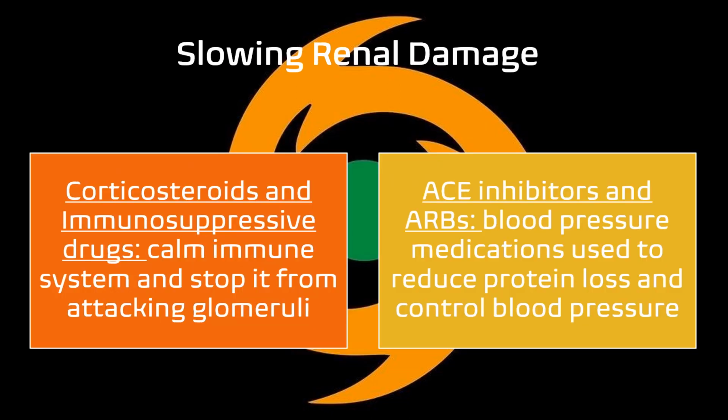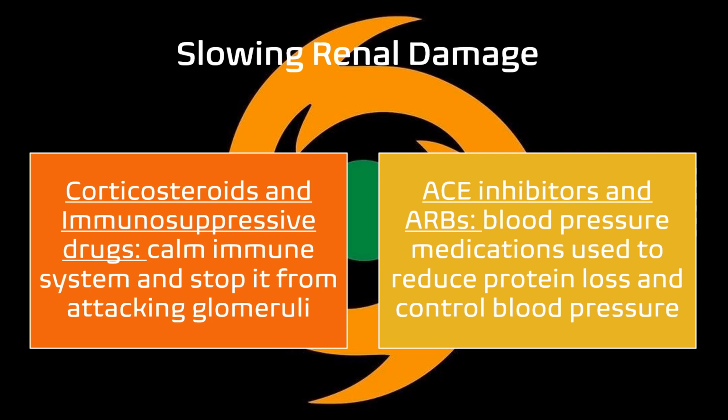So, of course, one of the main things around IgA nephropathy, for example, FSGS, and other forms of renal pathology, is that the main aim is to retard the renal damage.